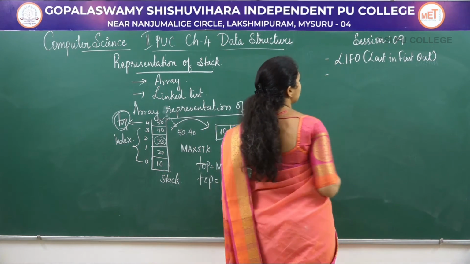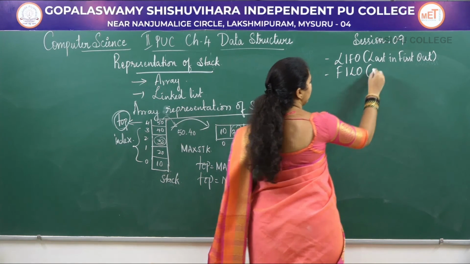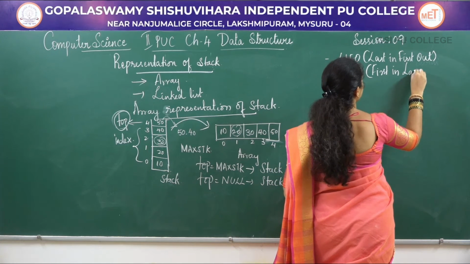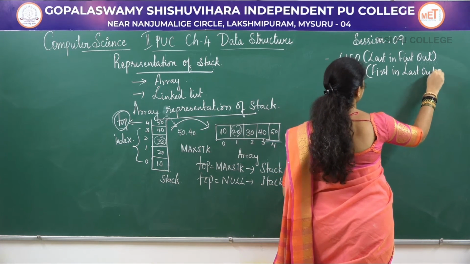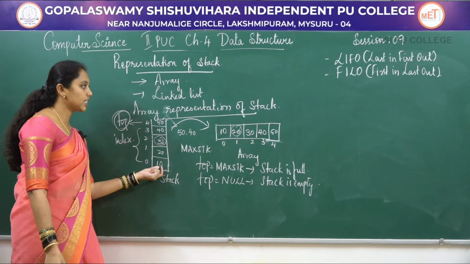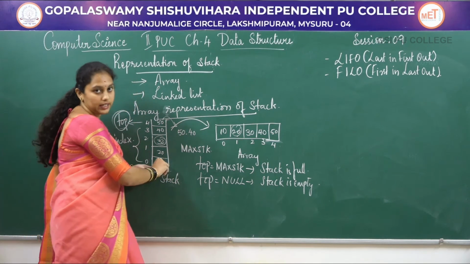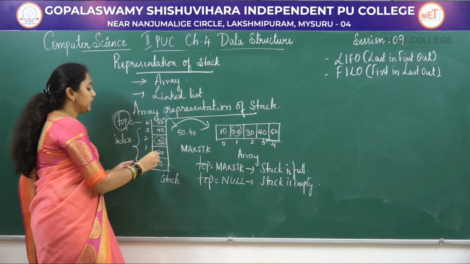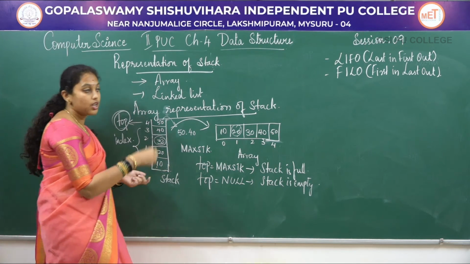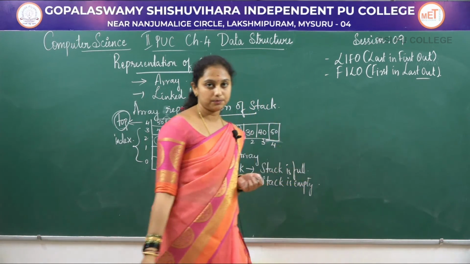It also follows first in last out, which means, consider in this stack 10 is the first item which is added into the stack, but while removing, 10 is the last item which is going to be removed. That is called first in last out.